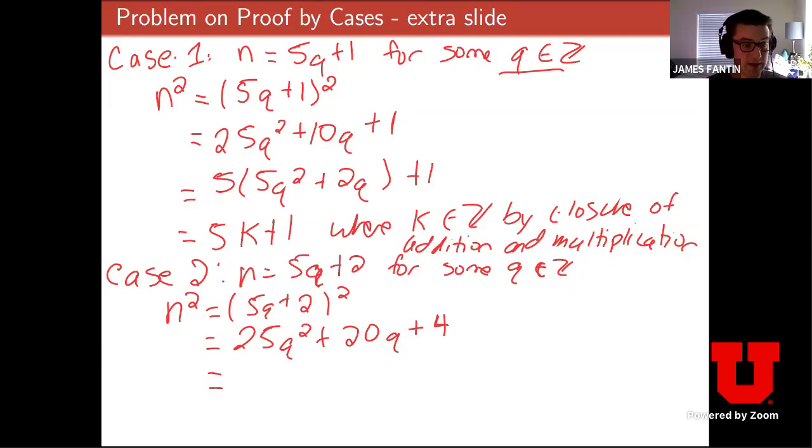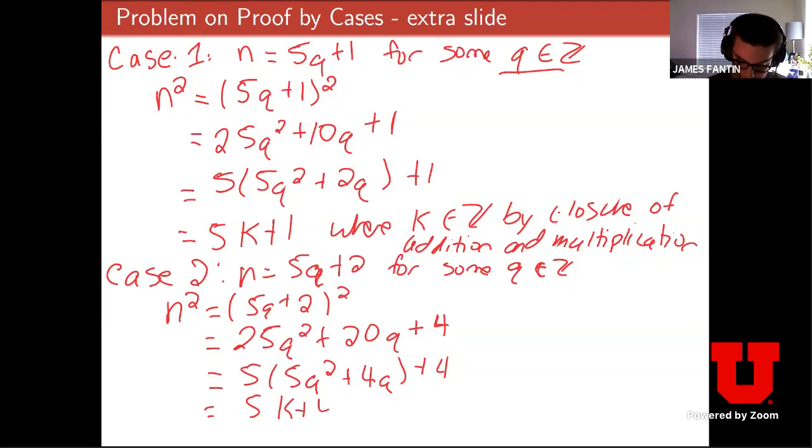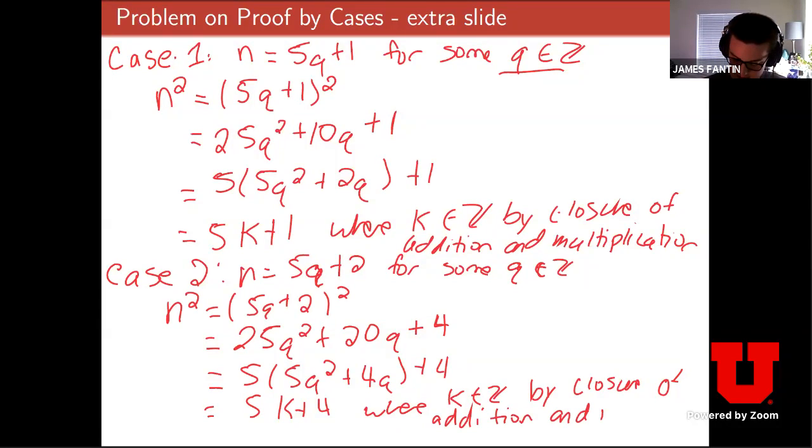Like we did in case 1, we can factor out the 5: 5 times 5q squared plus 4q, plus 4. And that's 5k plus 4, where k is an integer, by closure of addition and multiplication.